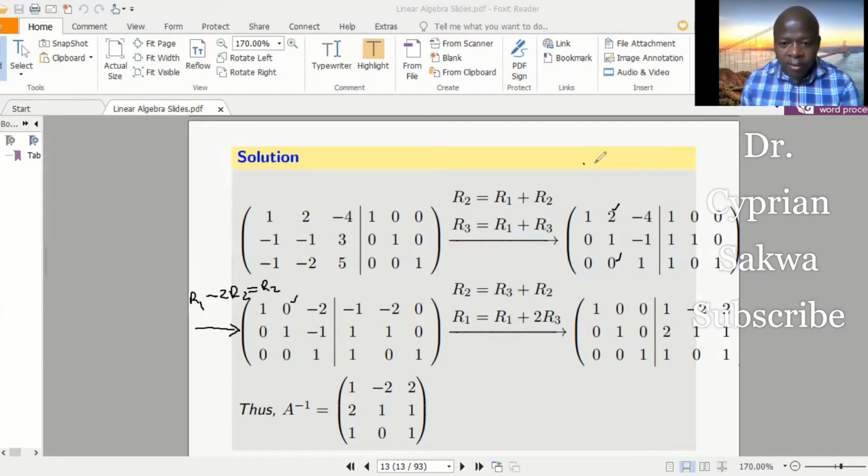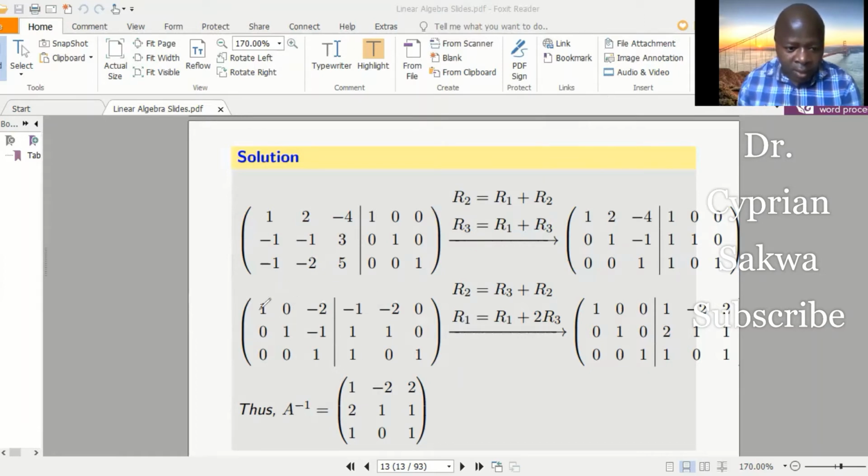And then negative 4 minus 2 times negative 1. This will be negative 2. And then we come to this 1 minus 2 times 1, and that should be negative 1. That should be negative 1, you see there. And then 0 minus 2 times 1. That should be negative 2. Then finally 0 minus 2 times 0 will be 0. So you have this matrix.